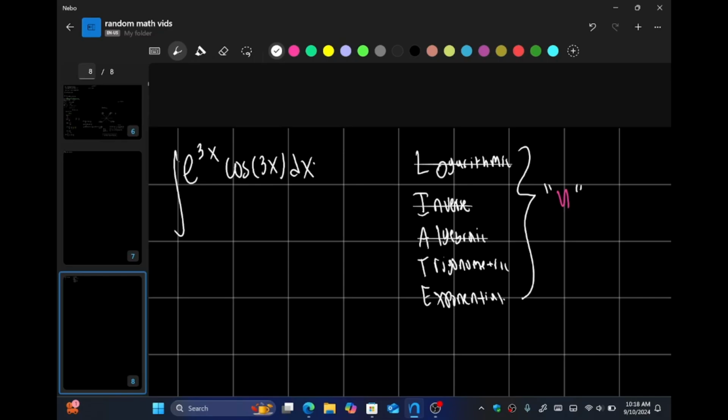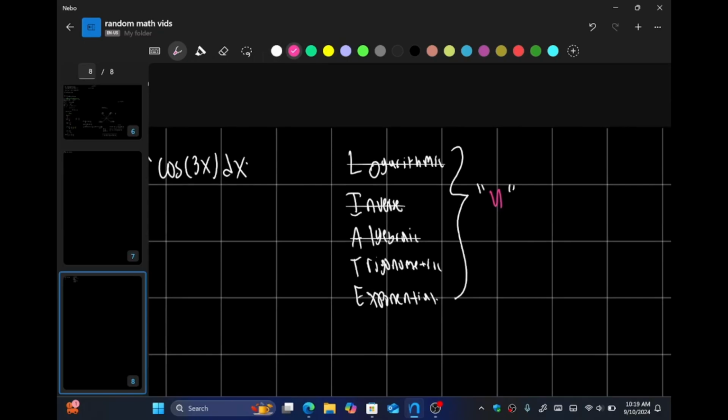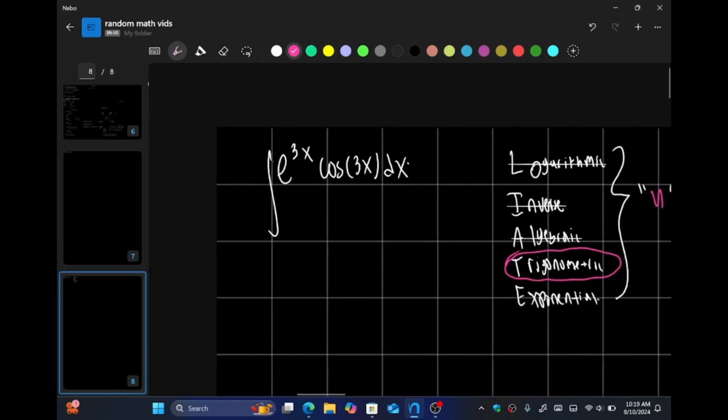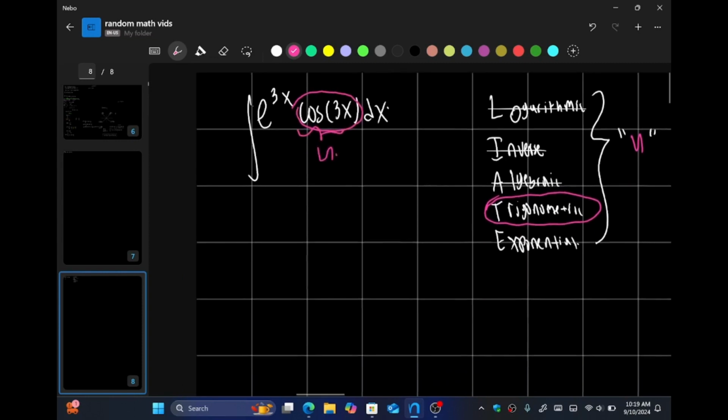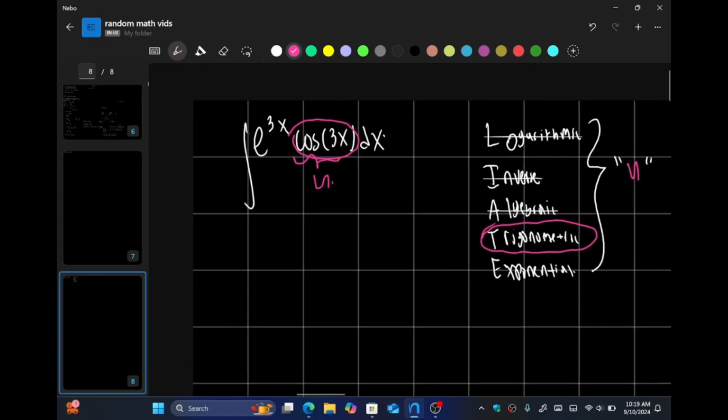But we do have a trigonometric expression right here. So this, guys, is going to be our u value, and therefore the rest of this is going to be dv.